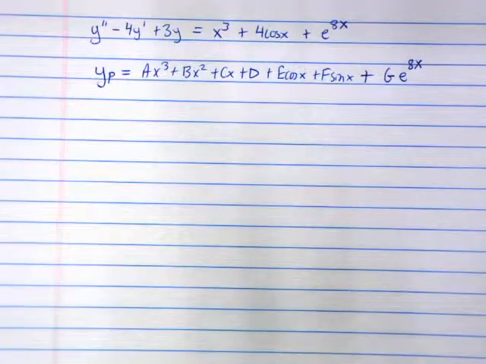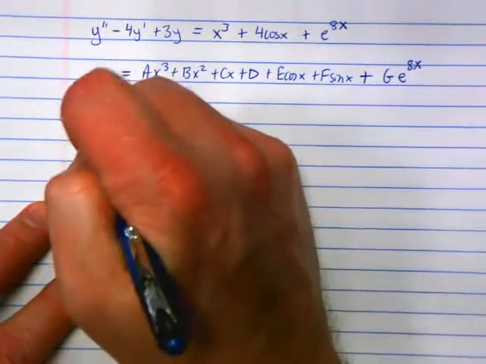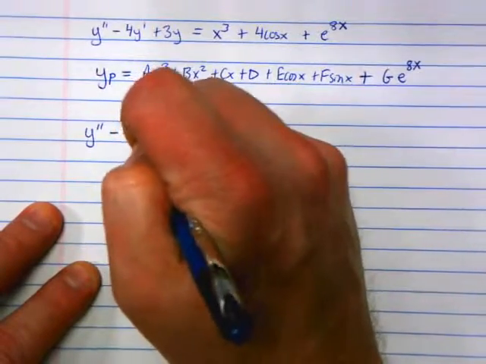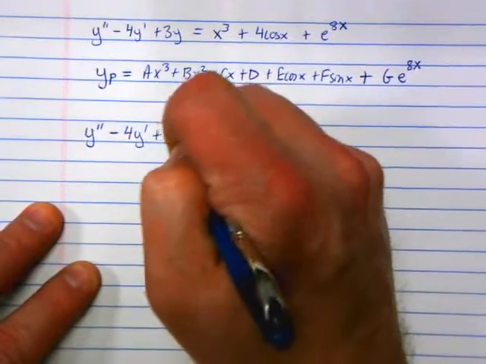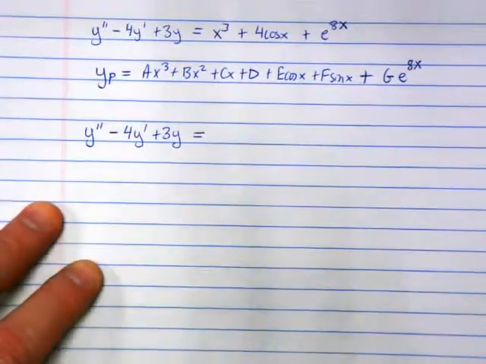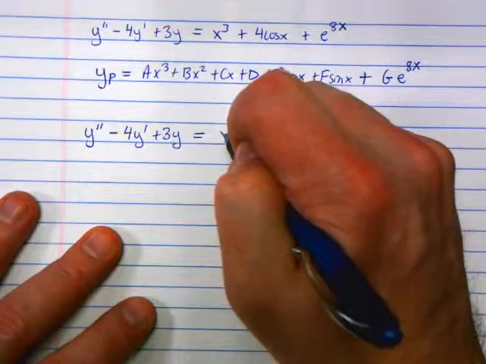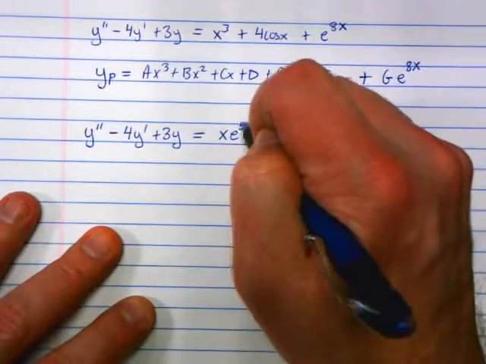So there it is. All right, so let me give you another one. y double prime minus 4y prime plus 3y equals x e to the 5x.